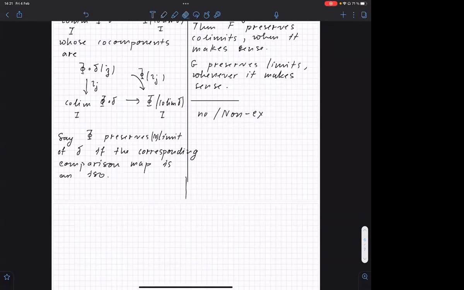This is example and non-example. So consider the adjunction, the free and forgetful adjunction for groups and sets.